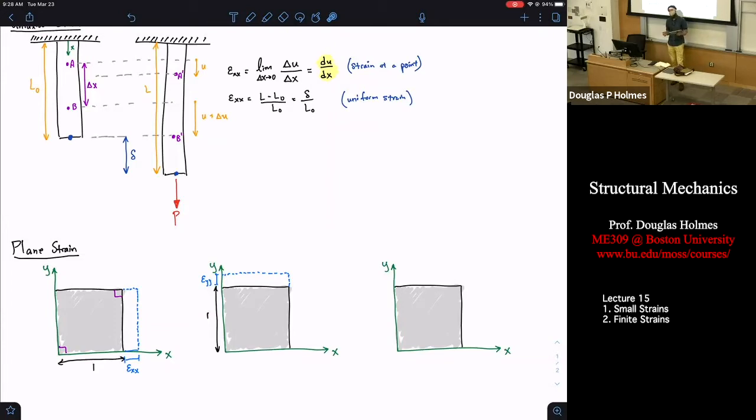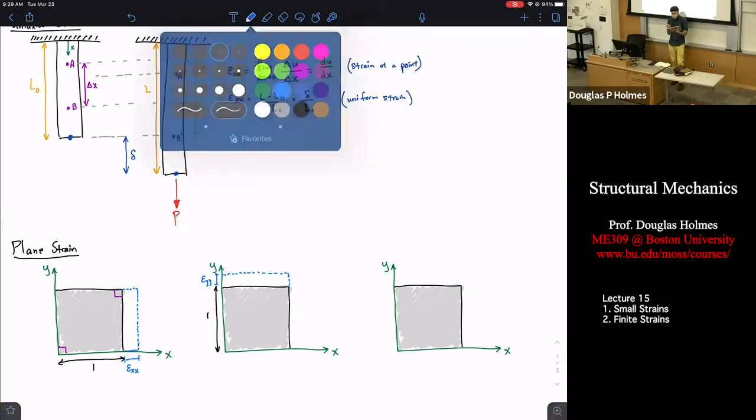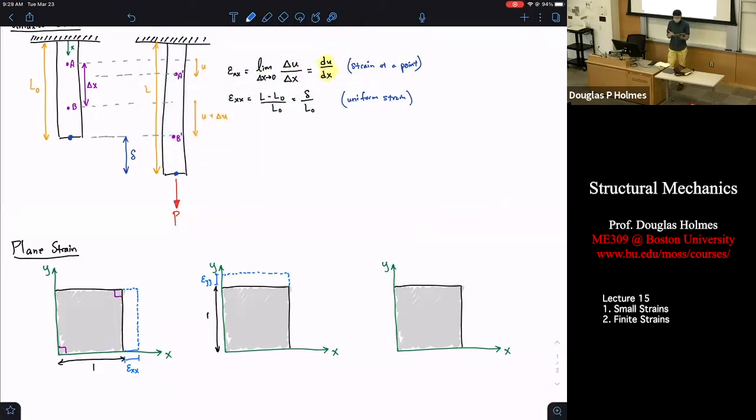Alternatively, you can have a strain that is distortional. It also has the term deviatoric. And in the case of a distortional strain, what happens is your object in the deformed state looks like this.